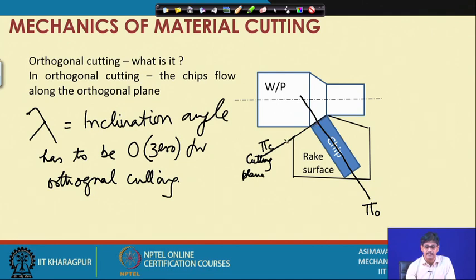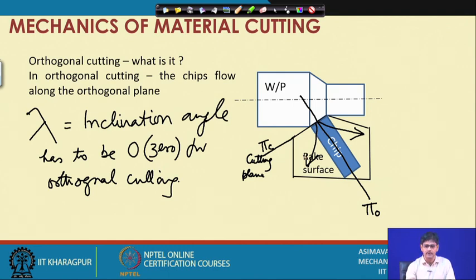If the cutting edge is slightly upraised, so that its end point towards this side is upraised with respect to the cutting point, or it is slightly down, in that case an inclination angle exists, and we will find that the chip will deviate from the orthogonal plane, moving slightly away. By how much? Maybe very close to lambda if we make some assumptions.